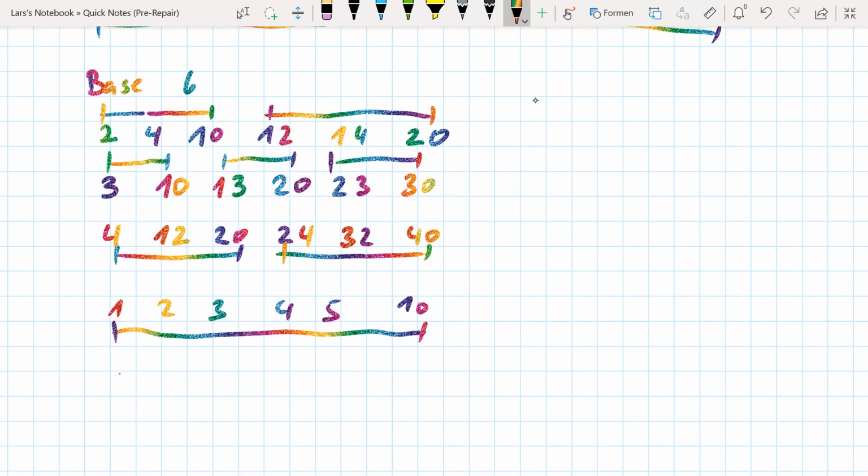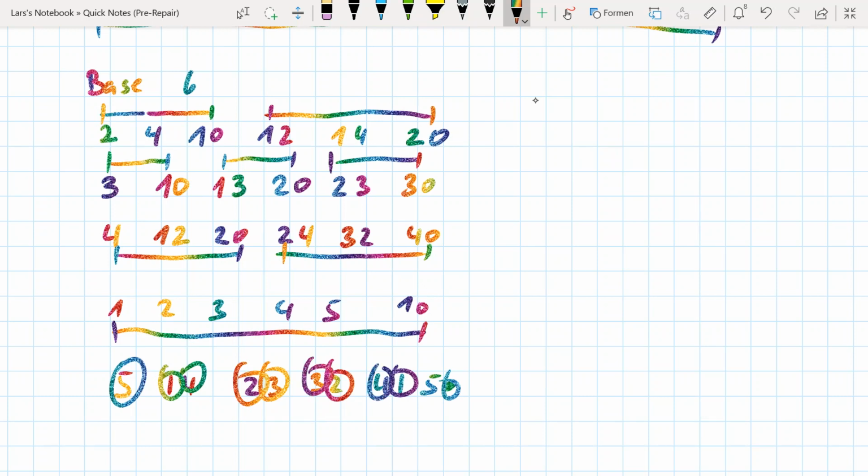Or if you do the row with 5, you get 5, then 14, 23, 32, 41 and 50. Also here it's very easy, because here you decrease by 1 and here you increase by 1. So very easy.